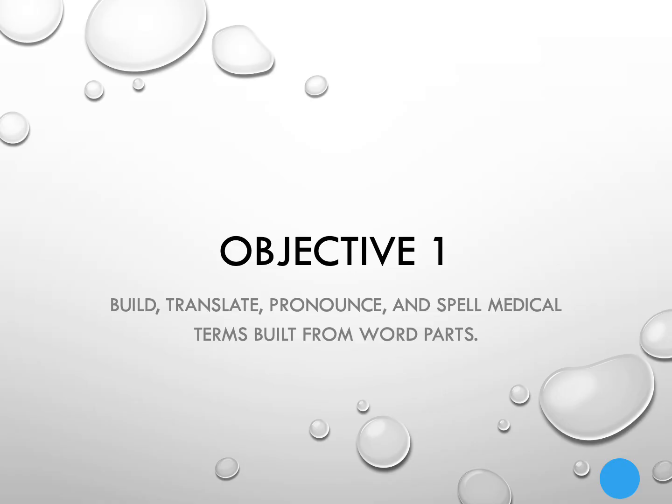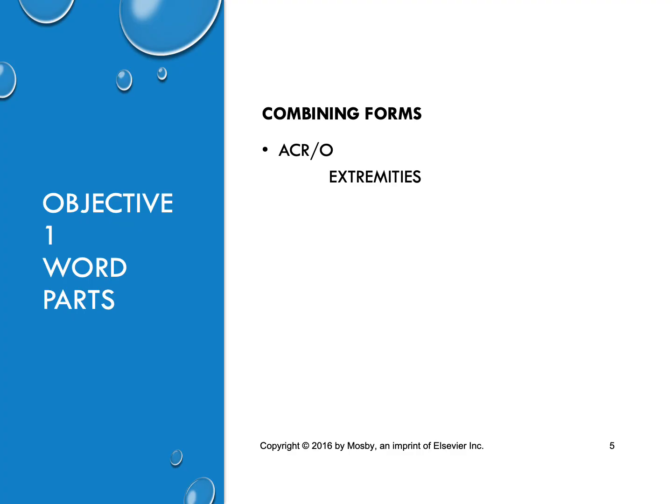All right, so like I promised, we're going to build, translate, pronounce, and spell some medical terms that are built from word parts. So what are some of those? Well, the first one is acro. And acro refers to extremities. And I think of the word acrobat. And I see in my mind that they're swinging from trapezes and balancing themselves on high wires. And that helps to remember that acro means extremity.